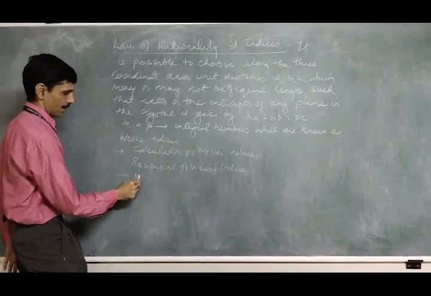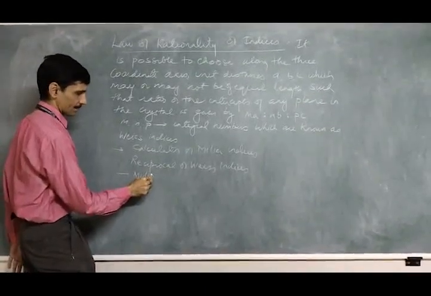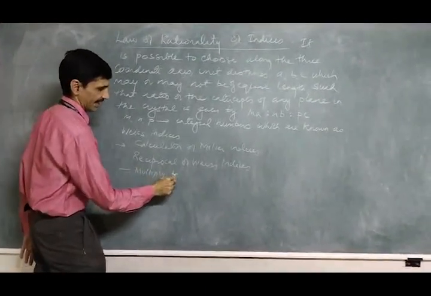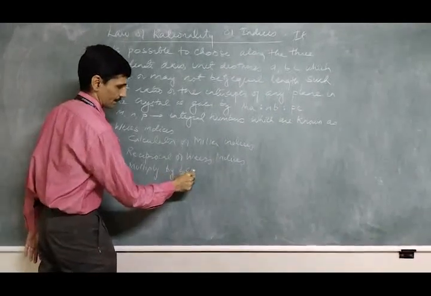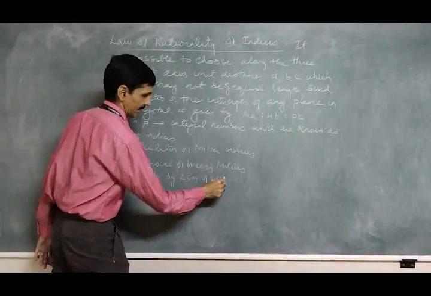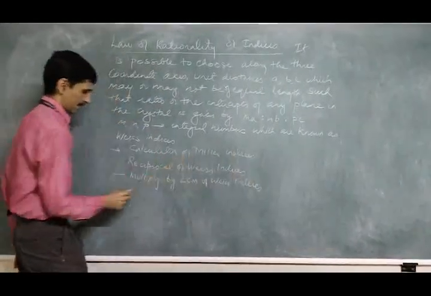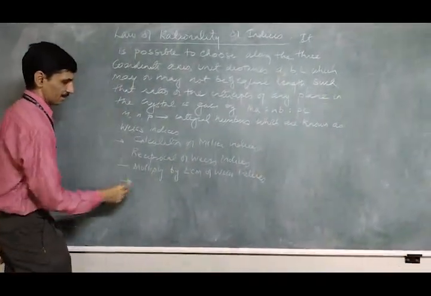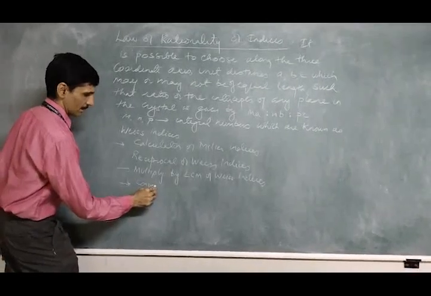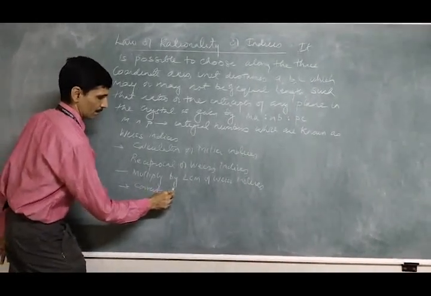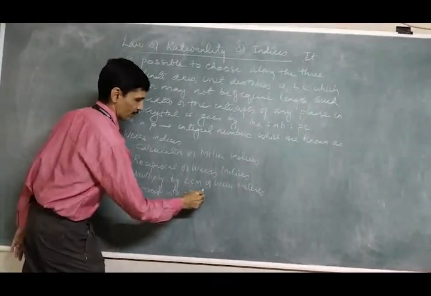Next, multiply by the LCM of the Weiss indices. And the third option, convert it into the simplest ratio.